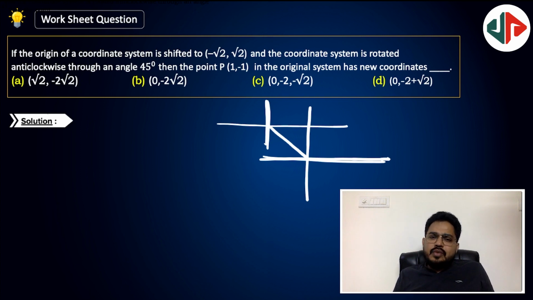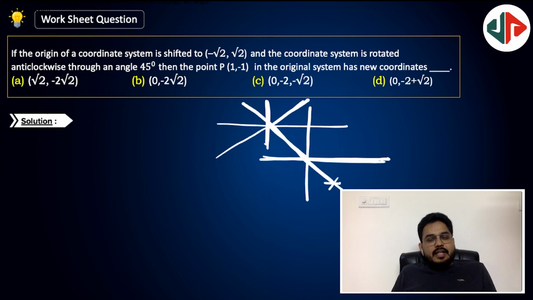And rotated through an angle of 45 degrees. Now the position of 1 comma minus 1. So where is this point 1 comma minus 1? Okay, so what happened?